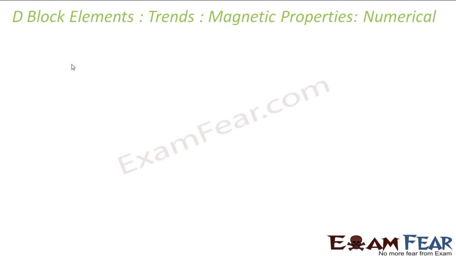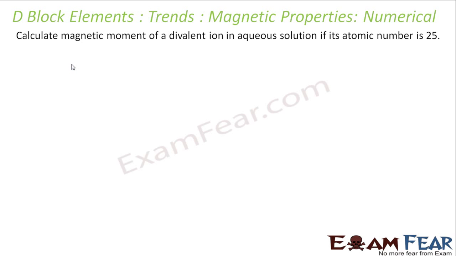We'll take some numericals now. The first question is to calculate the magnetic moment of a divalent ion, M2 plus, in aqueous solution if the atomic number is 25. So for M2 plus, it will be 25 subtract 2. Let's write the electronic configuration.